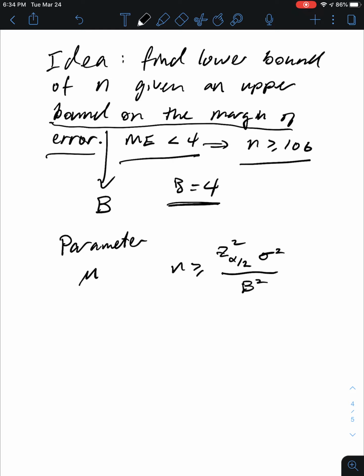So you need values for z sub alpha over 2, and that comes from the confidence level, as always.